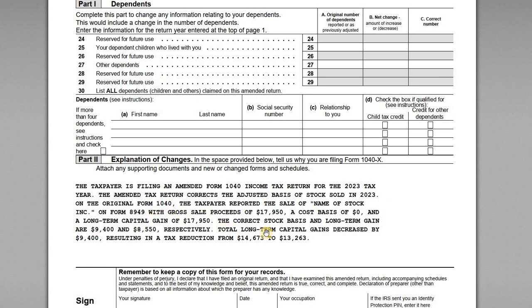On the original 1040, the taxpayer reported the sale of Name of Stock Inc. on 8949 with gross sale proceeds of $17,950, a cost basis of 0, and long-term capital gain of $17,950. The correct stock basis and long-term capital gains are $9,400 and $8,550 respectively. So total long-term capital gains decrease by $9,400, resulting in a tax reduction from $14,673 to $13,263.